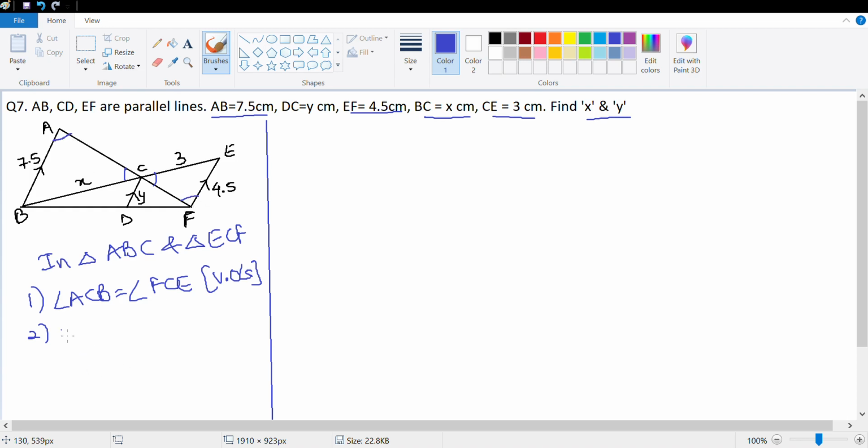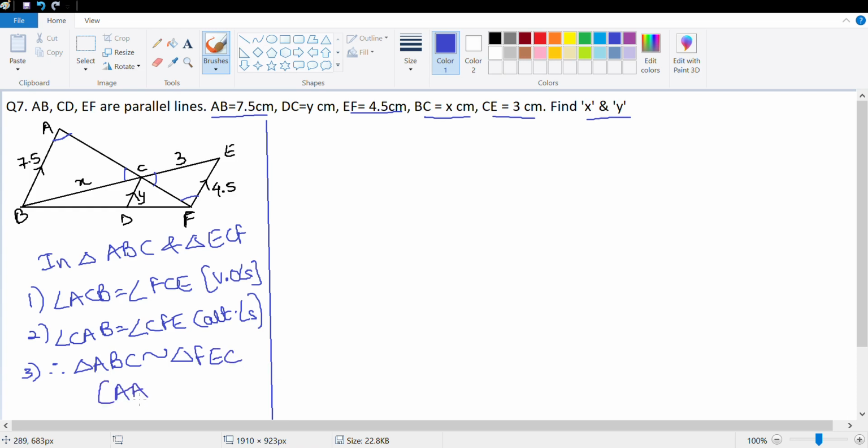So angle CAB is equal to angle CFE. These are alternate angles, which means therefore triangle ABC is similar to triangle FEC by AA test.